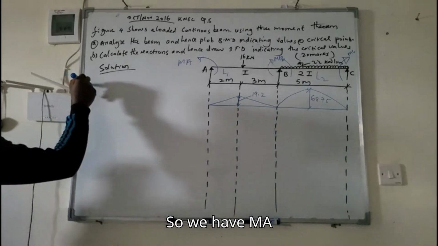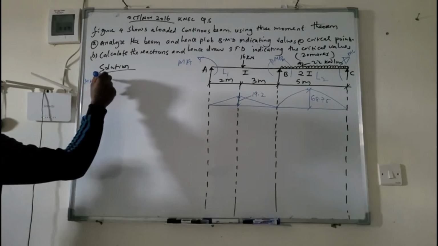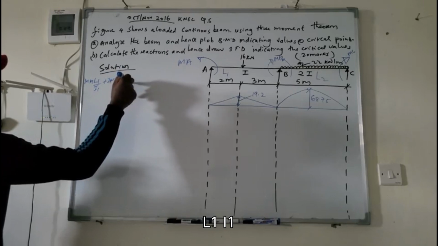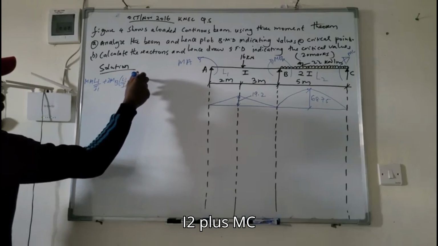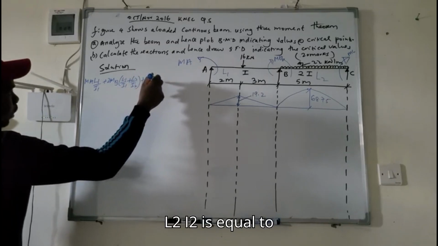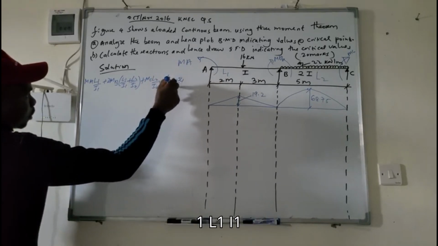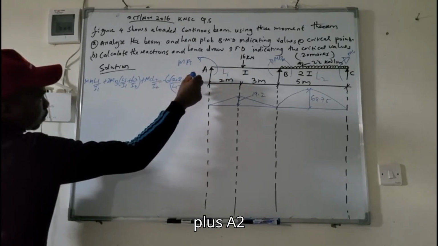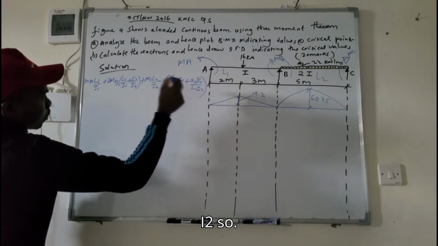So we have MA L1 over I1 plus 2 MB L1 over I1 plus L2 over I2 plus MC L2 over I2 is equal to minus 6 A1 X bar 1 over L1 I1 plus A2 X bar 2 over L2 I2.